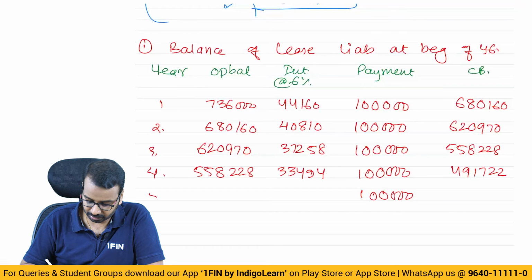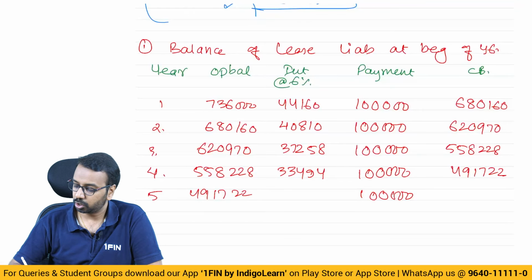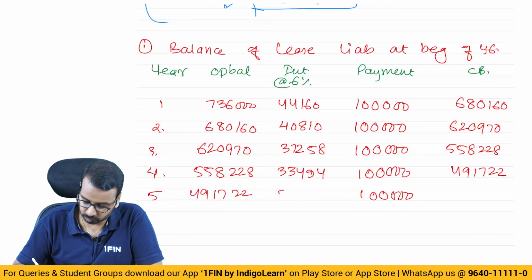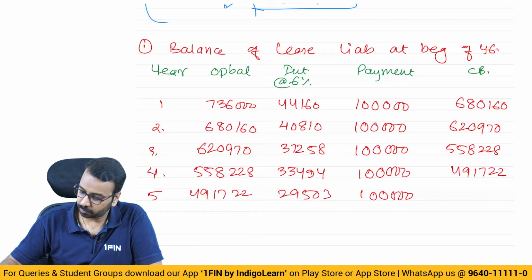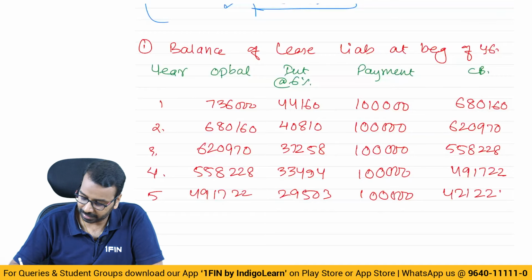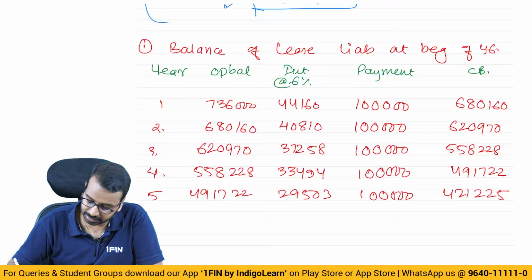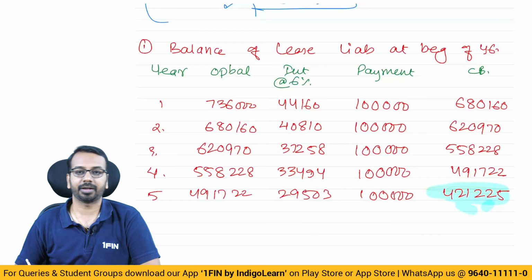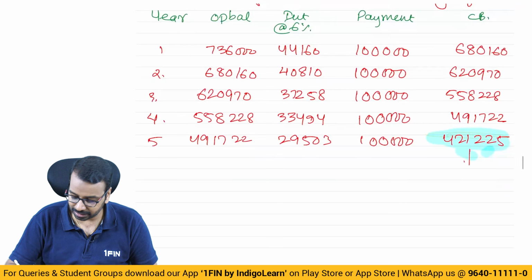In the fifth year, 491,722 into 6% is 29,503, minus 1 lakh, gives 421,225. What is this? This is the closing balance at the end of year 5. Okay. Now, what does this represent?